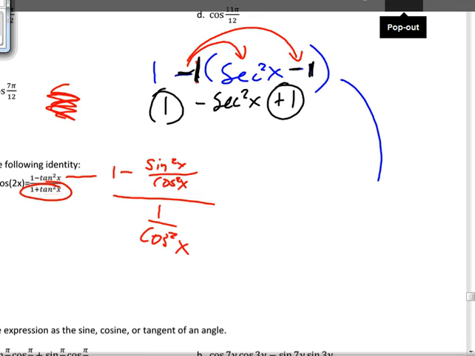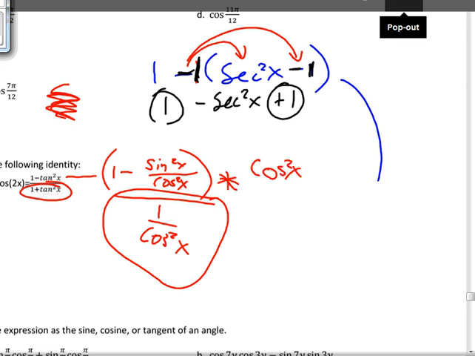Now, when you have a fraction over a fraction, it's just begging you to flip and multiply it. So I take this top part here, and instead of dividing by all of that, I'm going to multiply by, flip it, cosine over 1, and then this is gone.